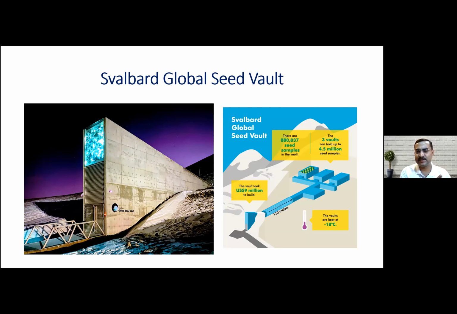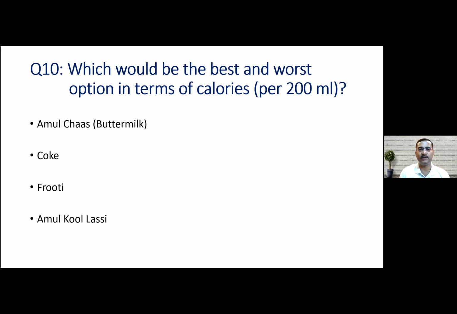As I said, it is situated deep inside a mountain, and it is said to be safe from different natural calamities if you store a copy of your indigenous crop seed there. For example, in Afghanistan and in Syria, their local seed banks have been destroyed or have not been maintained properly because of the war going on there. But luckily, copies of seeds of crops indigenous to these regions are stored in the Svalbard Global Seed Vault, so they can always be recovered from there, and then you can resume agriculture as normal.